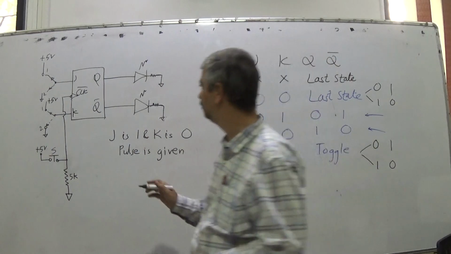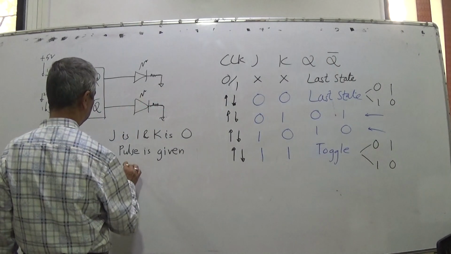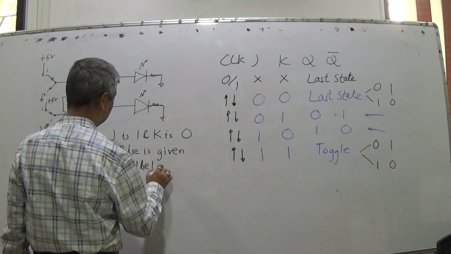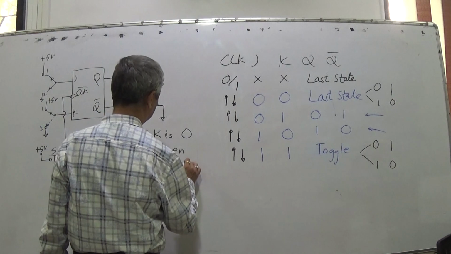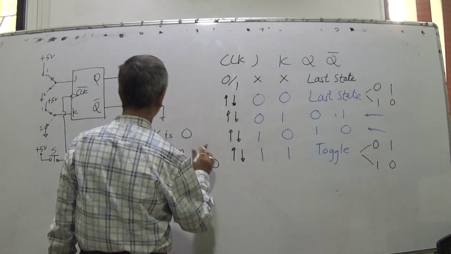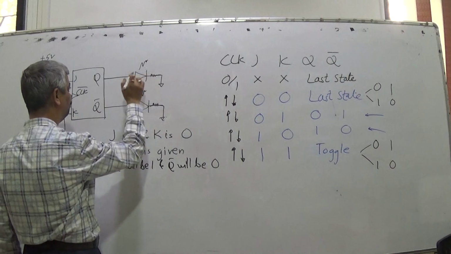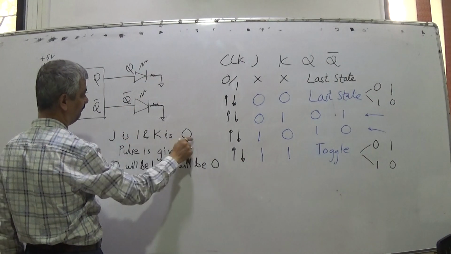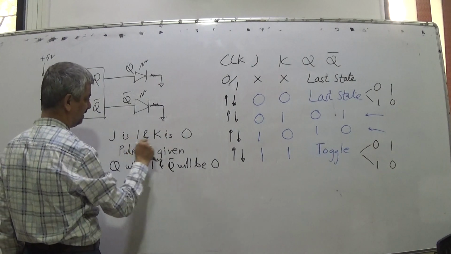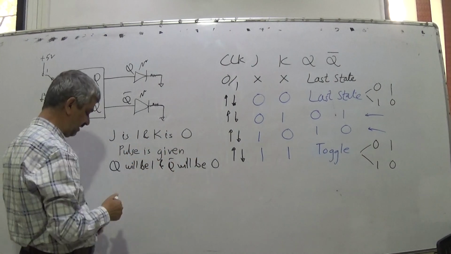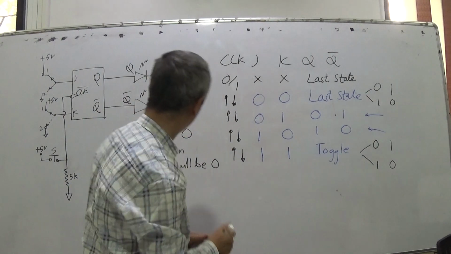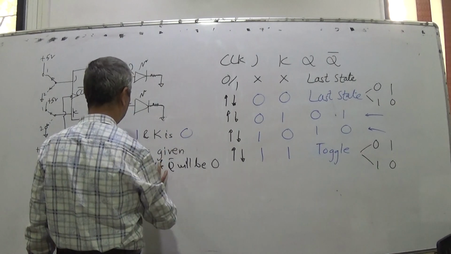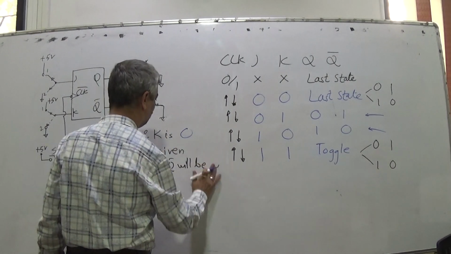What will happen? Q will become 1 and Q bar will be 0. So when you give a pulse with J as 1 and K as 0, Q becomes 1 and Q bar will be 0.